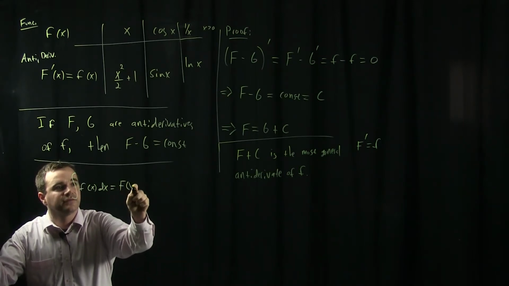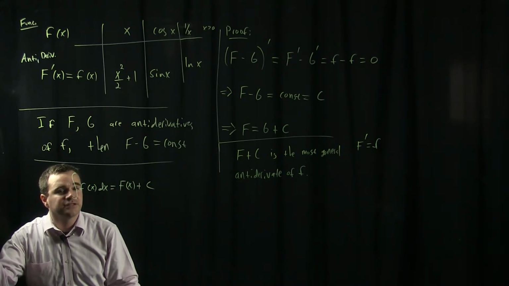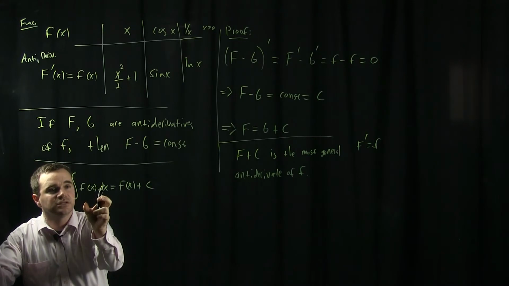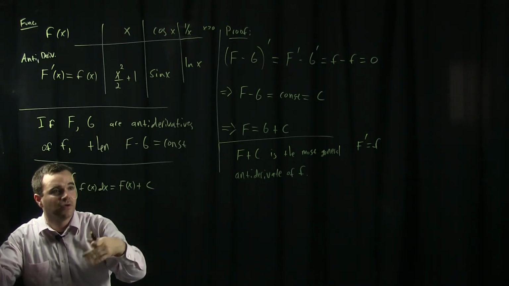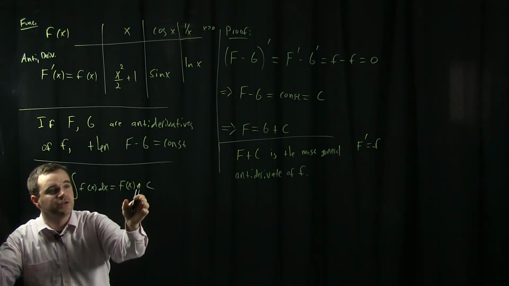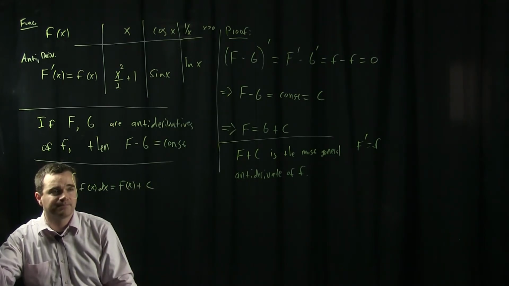It's equal to capital F plus c. So an antiderivative is a single function whose derivative is the original function. The indefinite integral you can think of as the collection of all antiderivatives, or if you want, you can think of it as just this most general antiderivative. We notate that by saying capital F plus c.